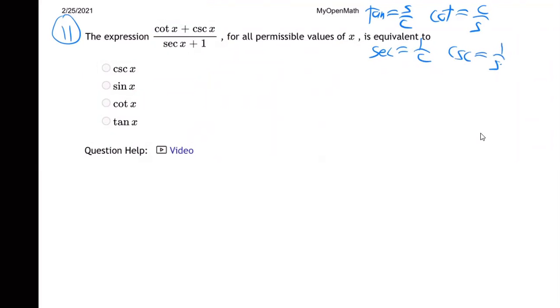Okay, so with that in mind, I'm just going to scribble that up for you. So cotangent, that's cosine over sine, plus cosecant, that's 1 over sine, over, and the denominator secant, that's 1 over cosine, and then just 1.